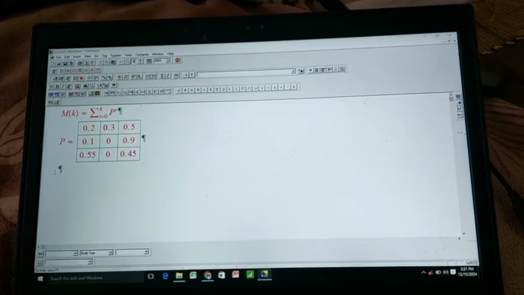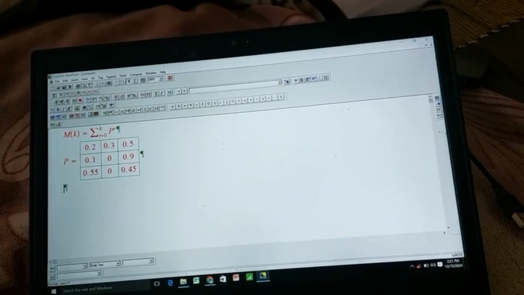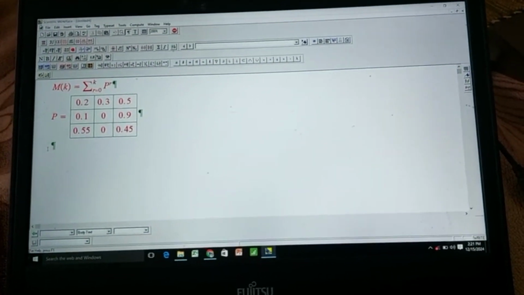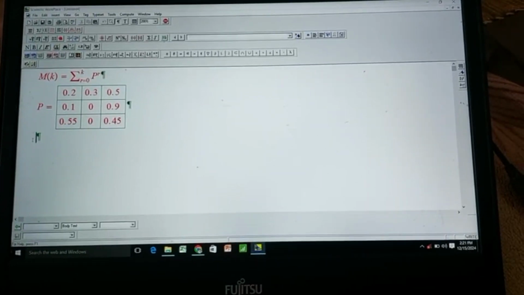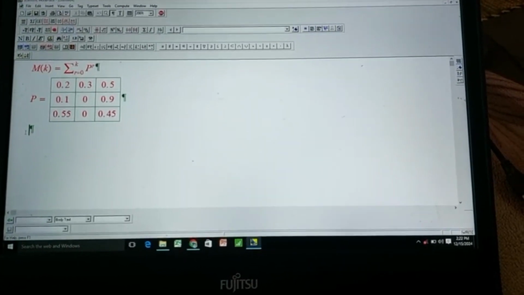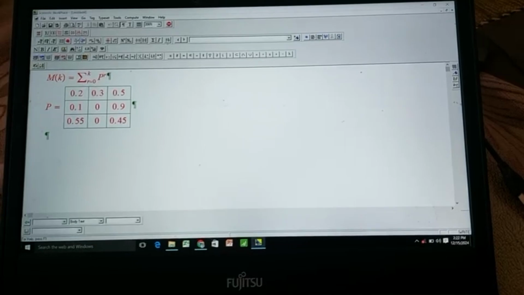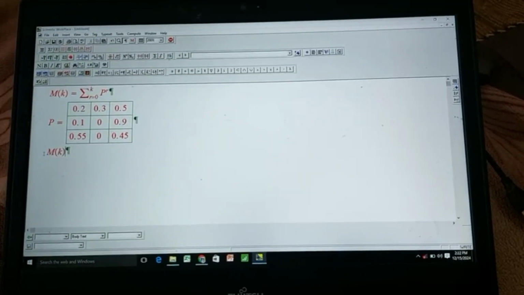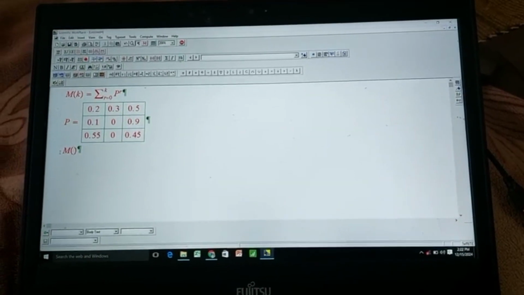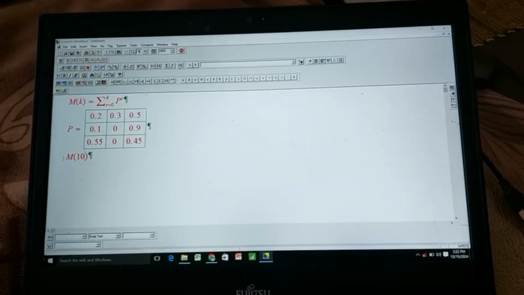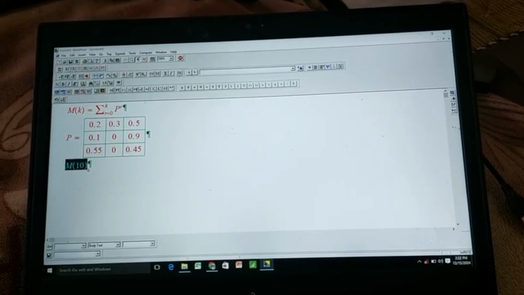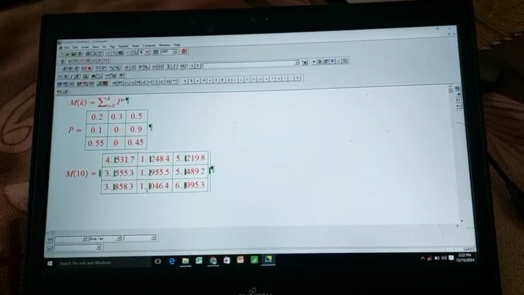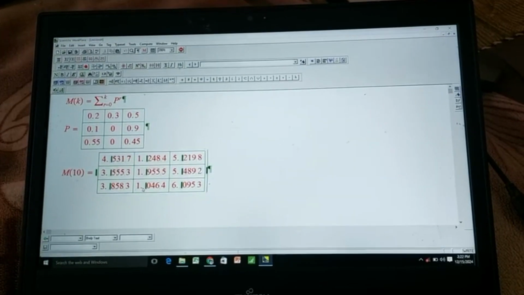In this example I need to find the occupancy matrix after 10 iterations, or after a 10 time period span. So I need to calculate M of 10. For that I copy this with Control C, Control V, and replace k with 10. Now I select it and press Control E. It has now given me the occupancy matrix after 10 iterations.